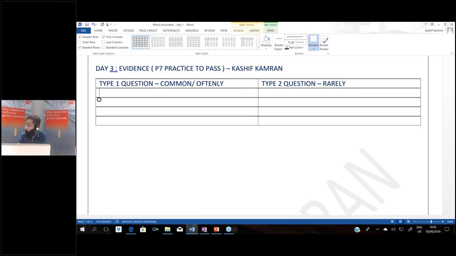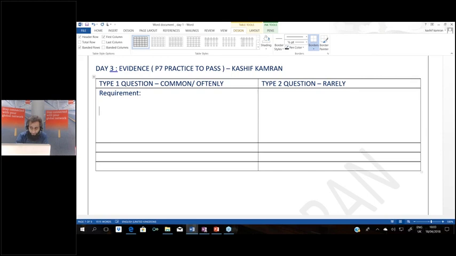Now, if I look at the type 1 question which comes on evidence, which is very common and you should be prepared for it, the question requirement is a very static requirement. So I'll try to illustrate it.